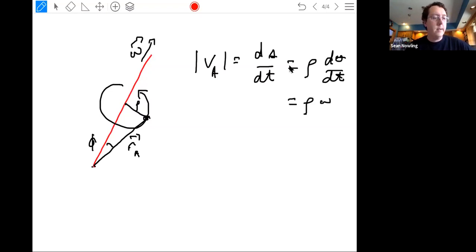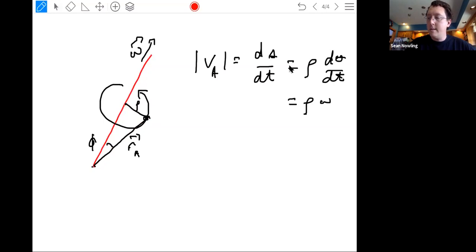Okay? And then, if I look at rho, I see rho is here, on the side of a triangle, so rho is opposite phi.